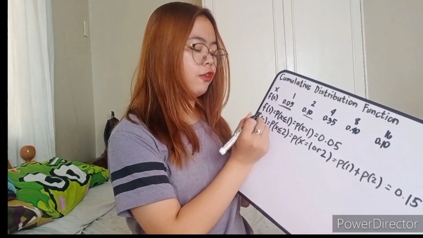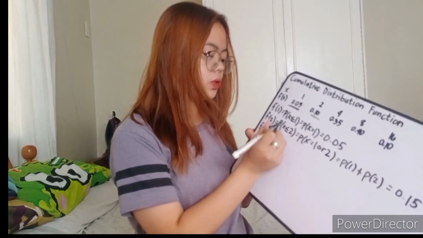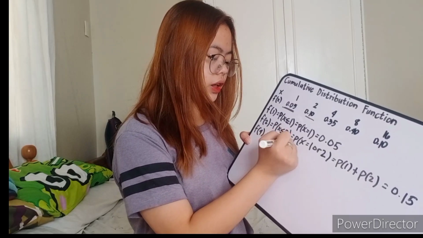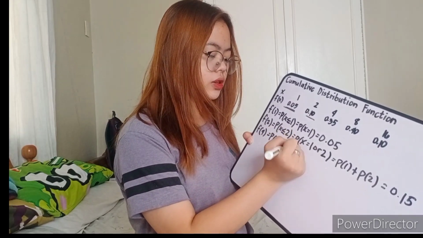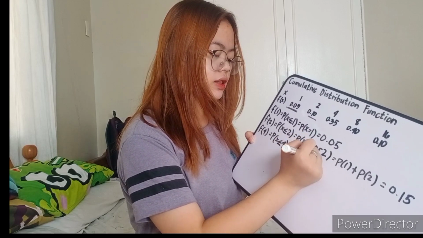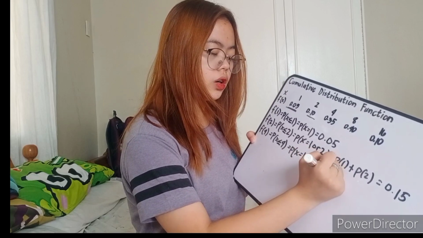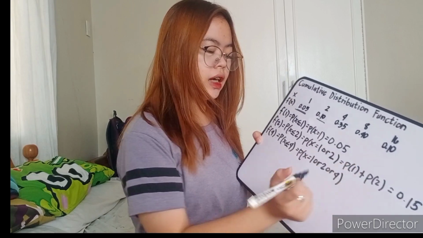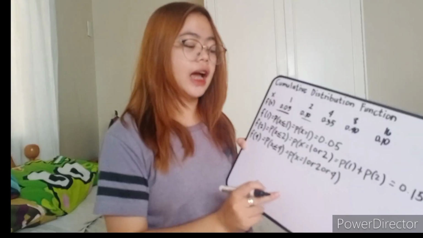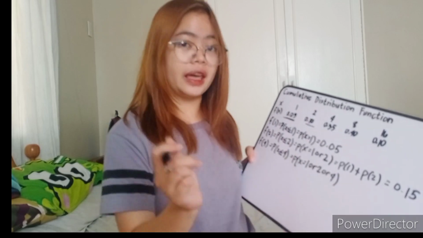For our F of 4 is equals to P of X is less than or equal to 4 is equals to P of X is equals to 1 or 2 or 4. May or, yung or kasi dinedenote niya ay addition sa principle ng or and.